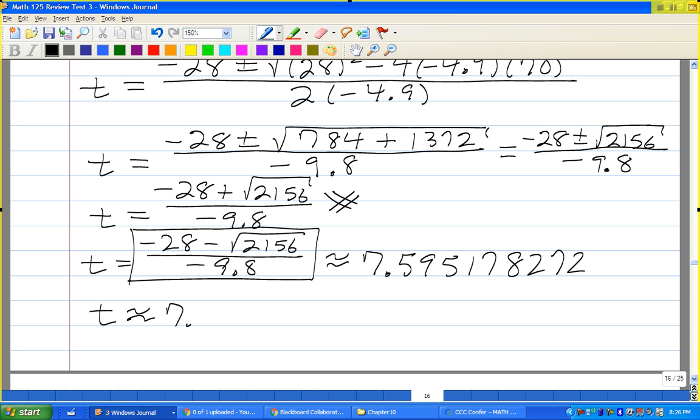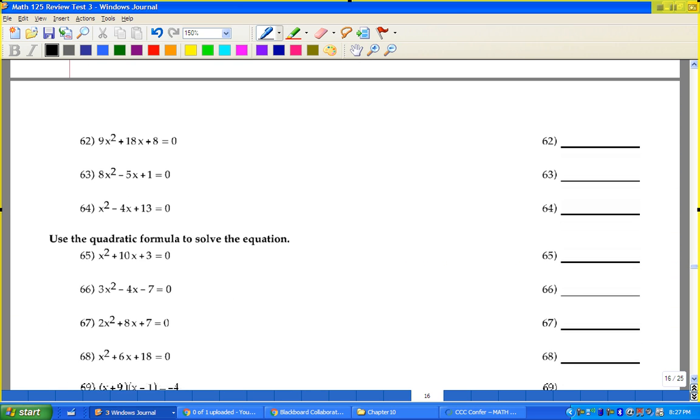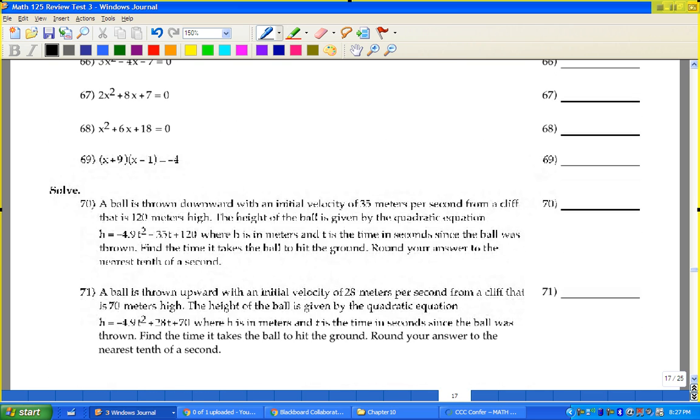So it'll be 7.6 seconds. And so it takes you approximately 7.6 seconds to hit the ground.